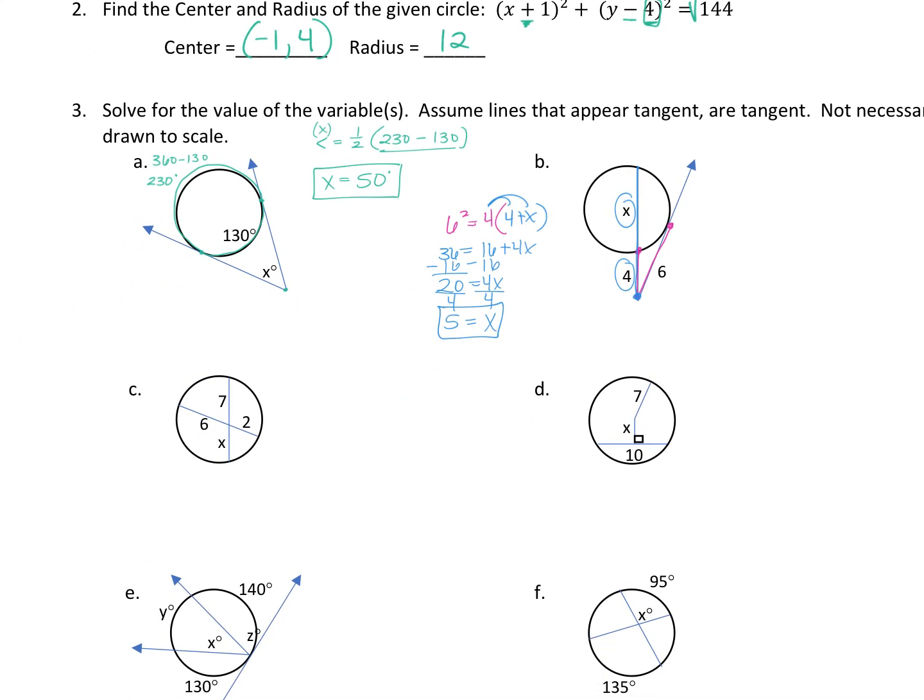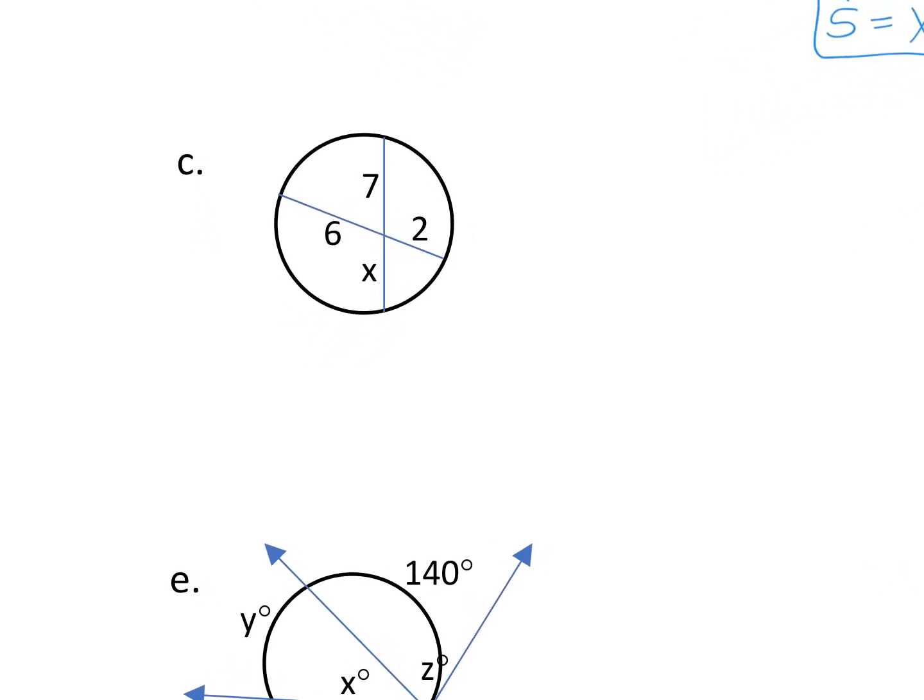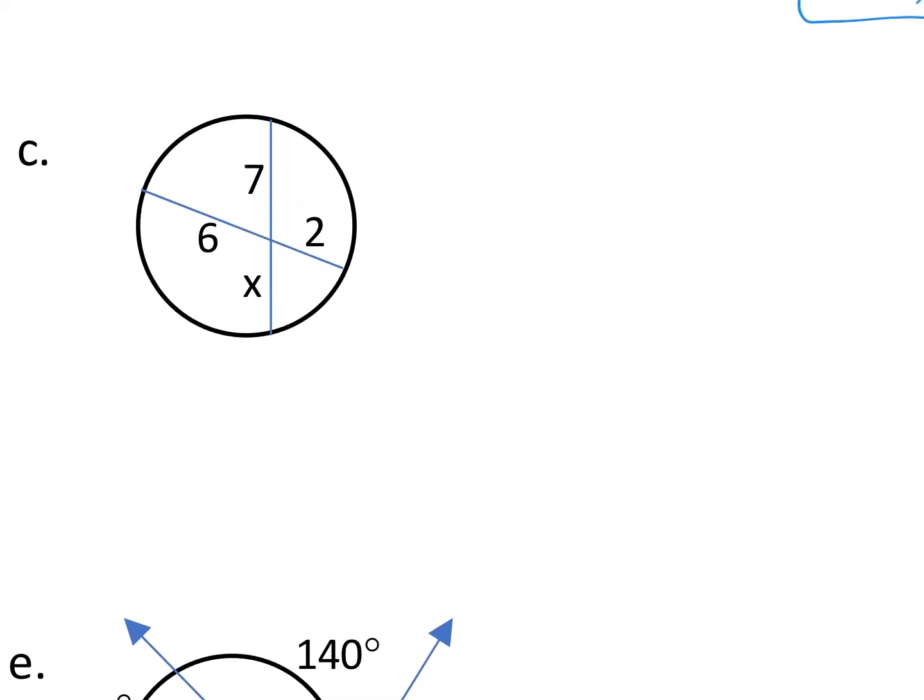Okay. Letter C. This one, the point meets inside the circle. This is segments, not angles and arcs. So what you're doing is, from that point to the circle is a length of 7, and then go the other direction to the circle. That's a length of x from that point of intersection.